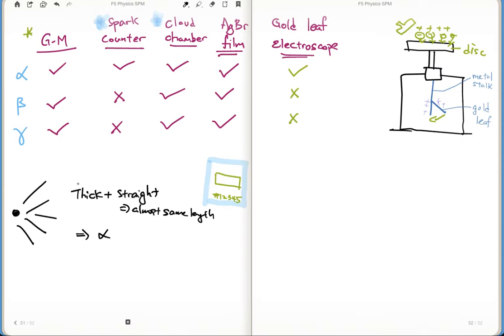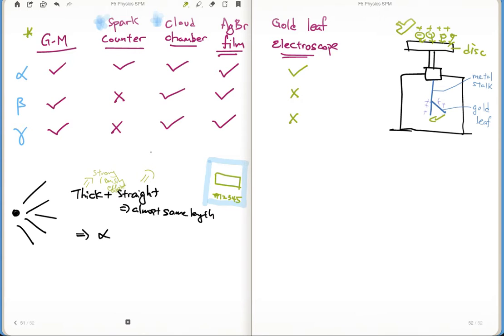Okay, so these are the indications that you need to write down for your essay question. Thick means strong ionizing effect.